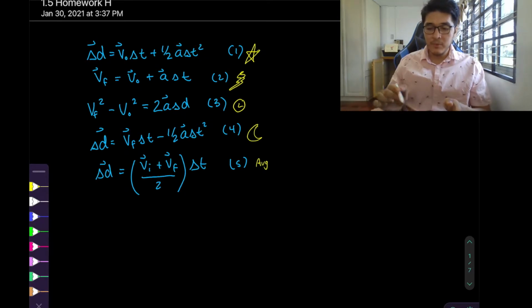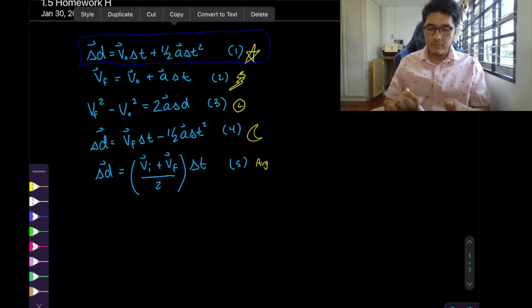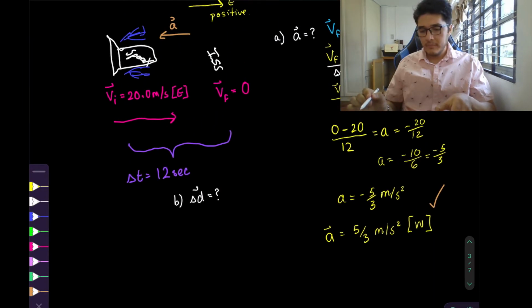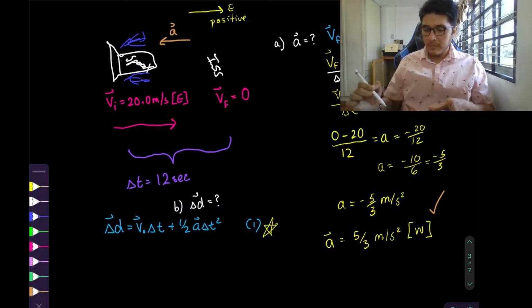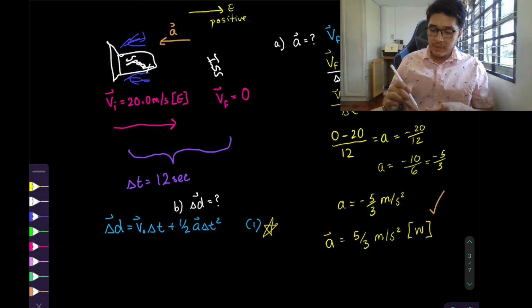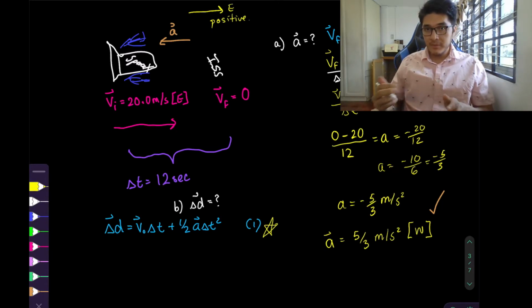So we can just use equation 1 now. And because we're dealing with vector quantities, don't forget you have to consider that to the right is positive and to the left is negative in this case.